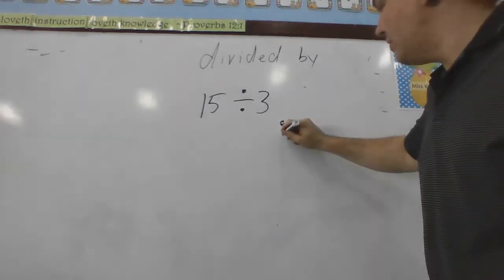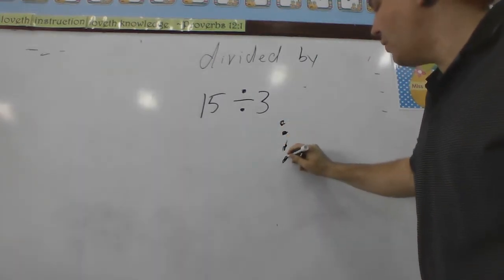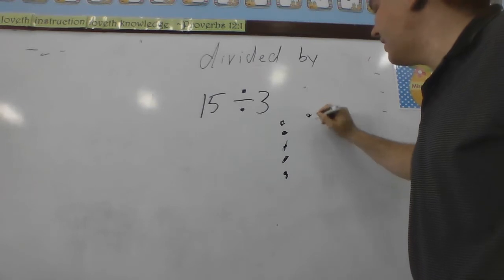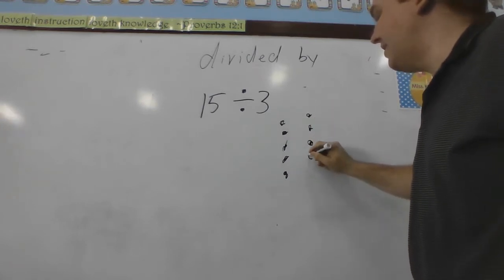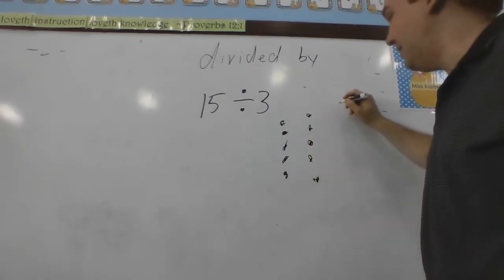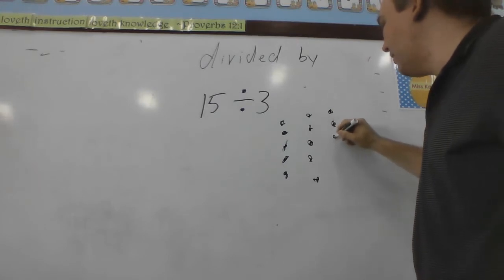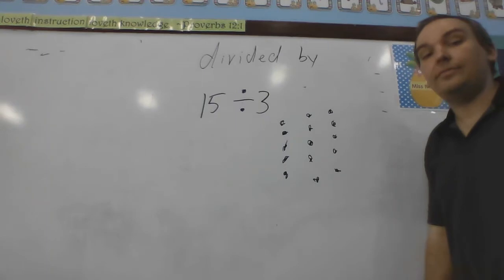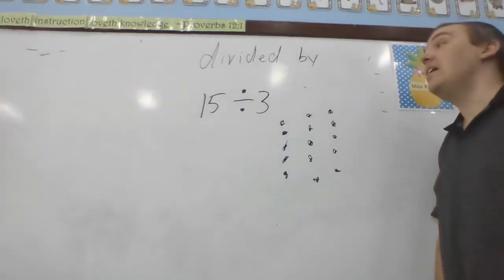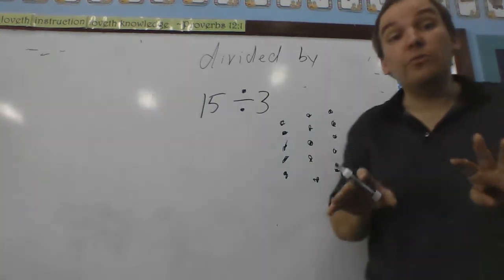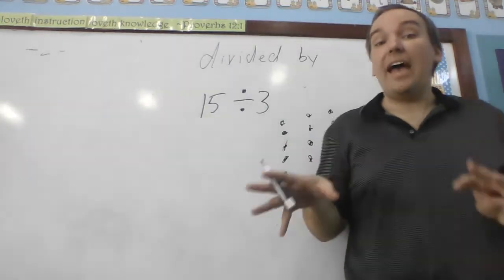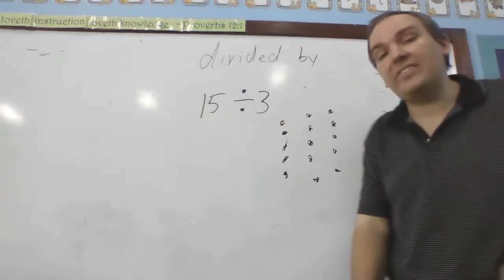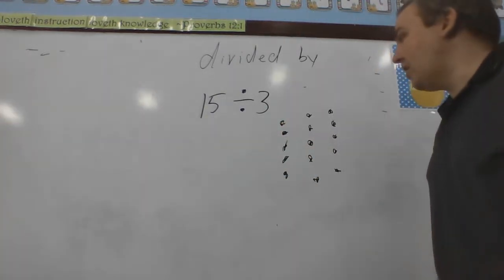So, 1, 2, 3, 4, 5, 6, 7, 8, 9, 10, 11, 12, 13, 14, 15. Okay? Here we have 15 things, and we want to put them into 3 groups so that every group has the same number of things in it. So what do we do?